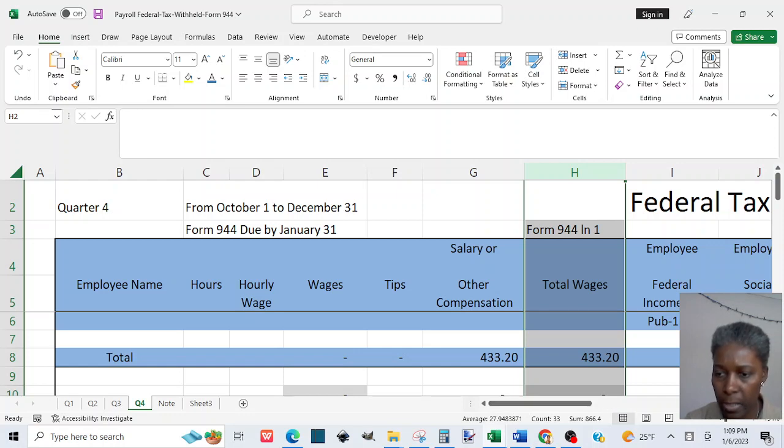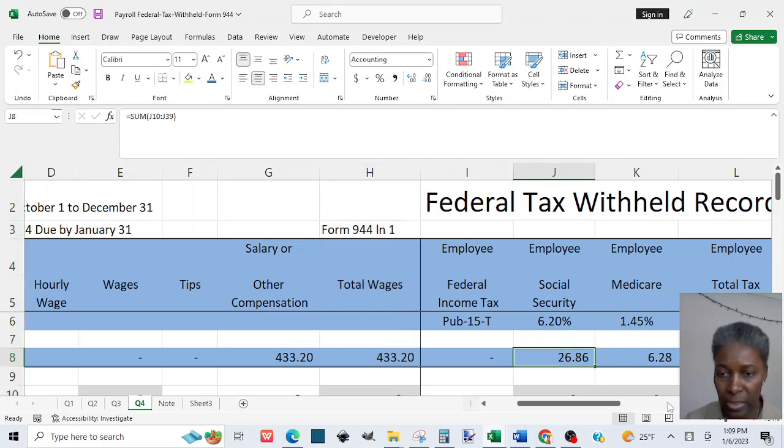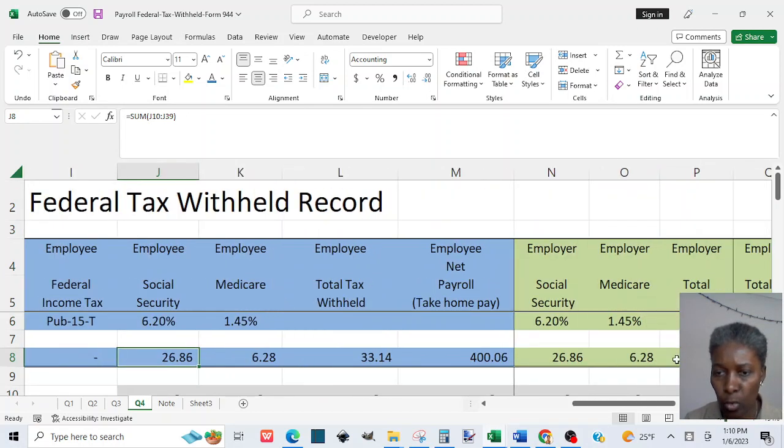So let's go to the right. We have 26.86 from the two employees' salary, and we'll go to the employer's portion as well, and that's 26.86.